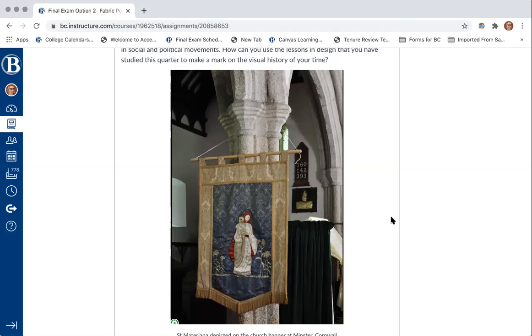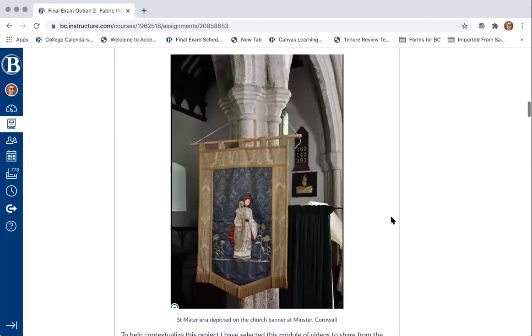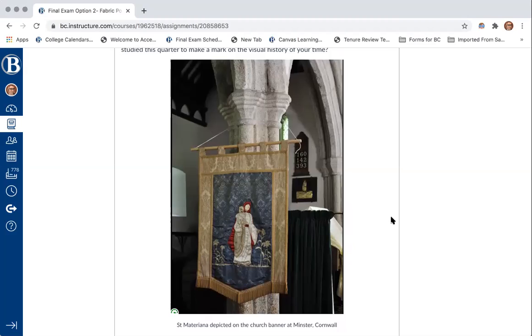And this transcends into banners that are made for religious purposes, such as this banner here, which is from a church in Cornwall, in England.